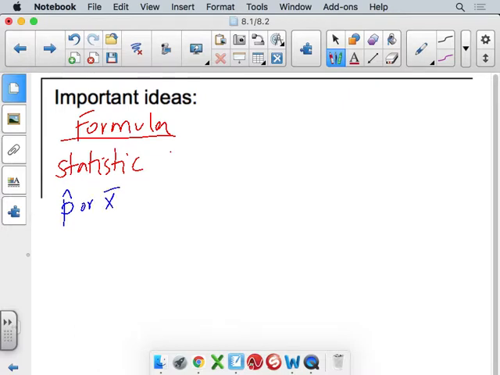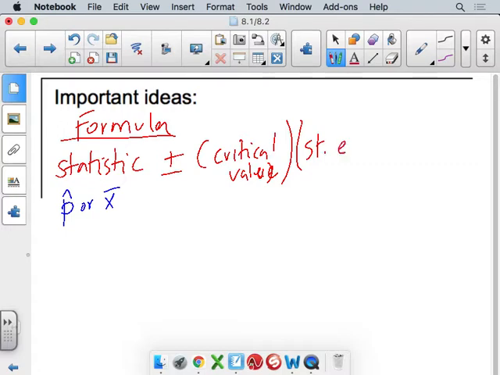So it says statistic plus or minus critical value times standard error. And your critical value is your z-score. And your standard error is basically your standard deviation, but with a p hat instead of p.